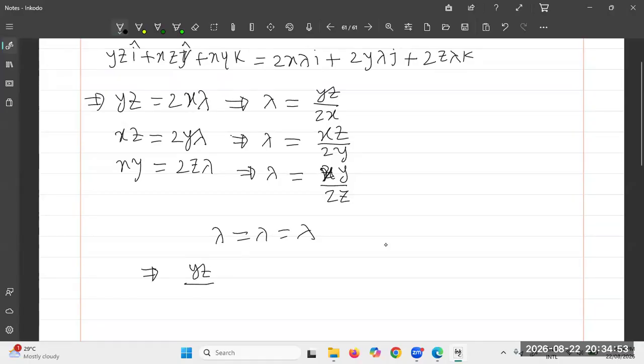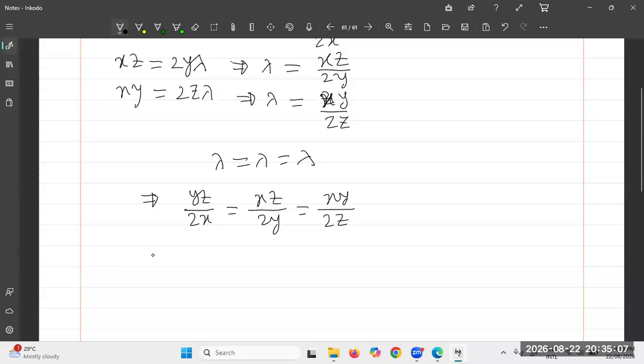So yz divided by twice x, xz divided by twice y, xy divided by twice z. So we can multiply these ratios by 2 so that the denominator is cancelled.